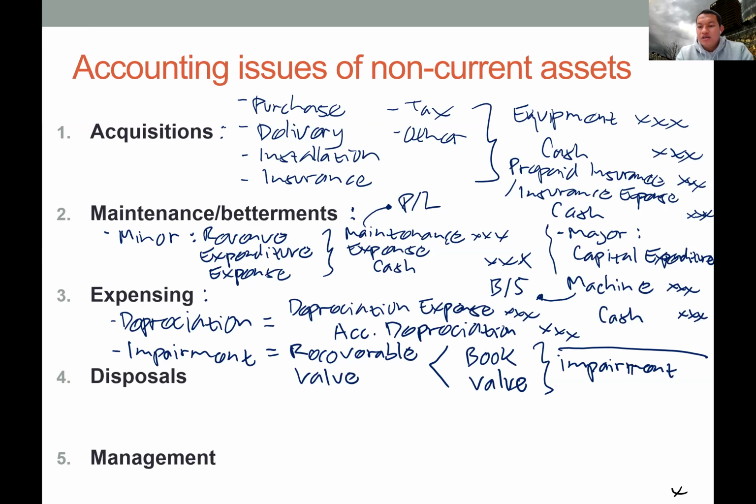So how do we record the impairment in the journal entry? Simply, we record a loss on impairment in the debit side, and then the asset in the credit side. Let's say this is a machine, so machine in the credit side.